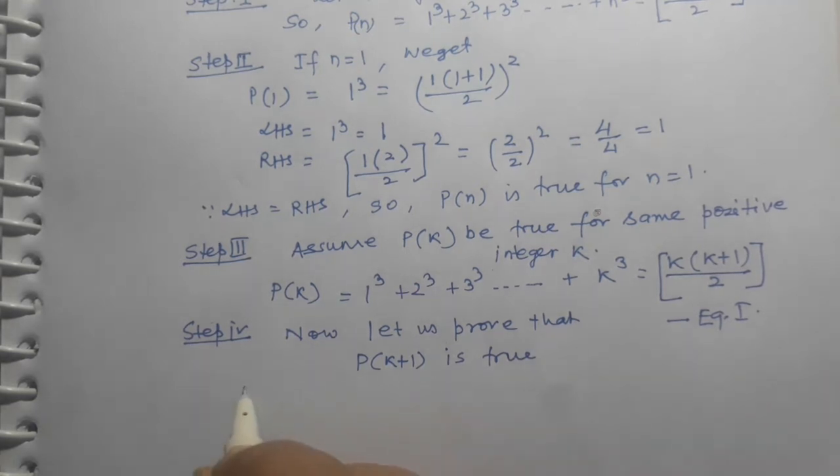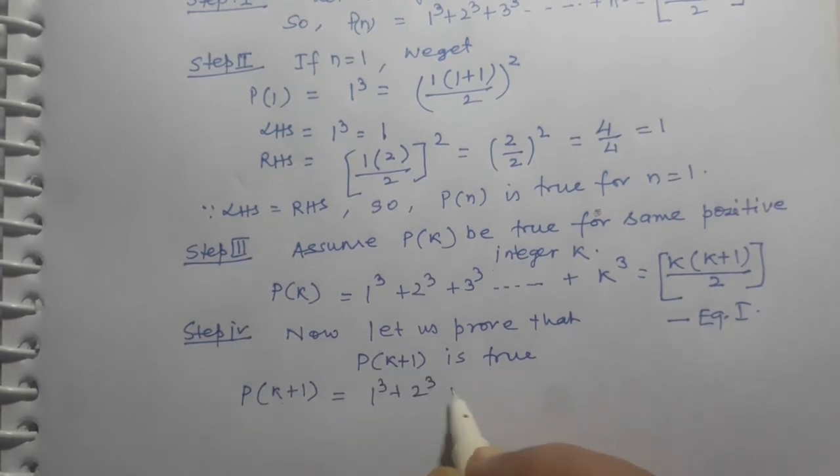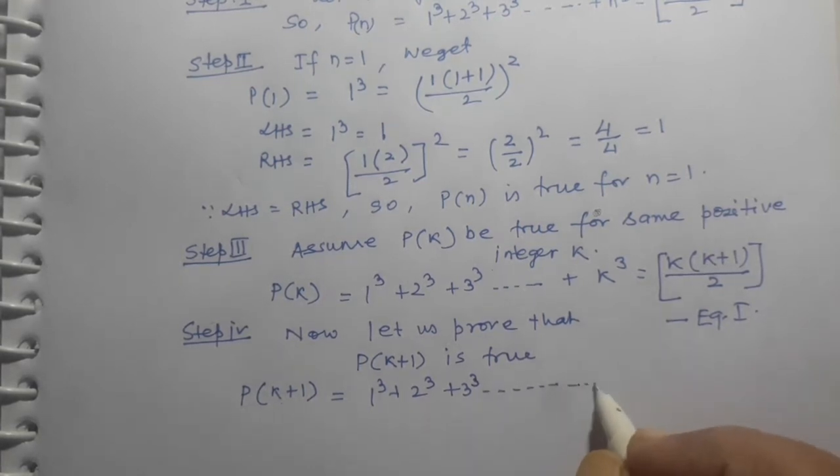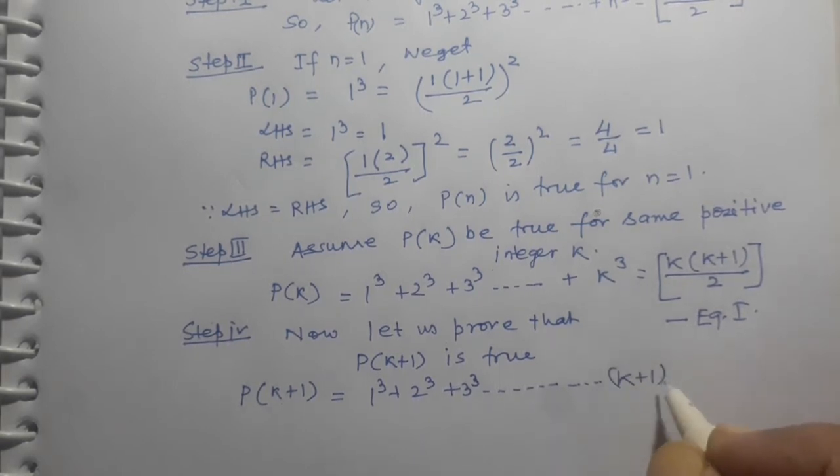So Pk plus 1 will be equal to 1 cube, 2 cube, 3 cube, and so on, up to k plus 1 whole cube.